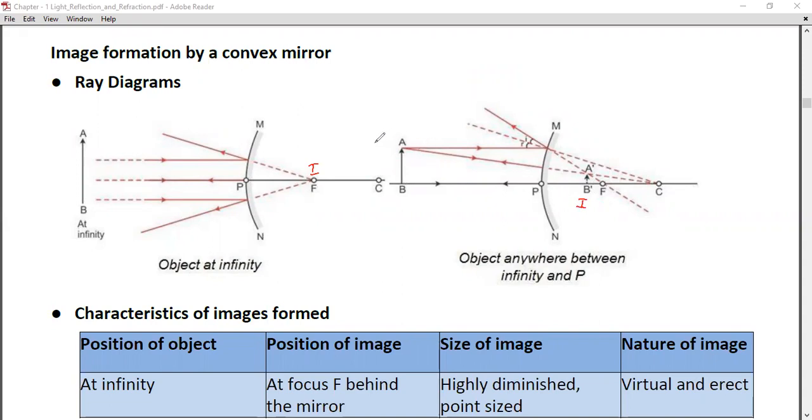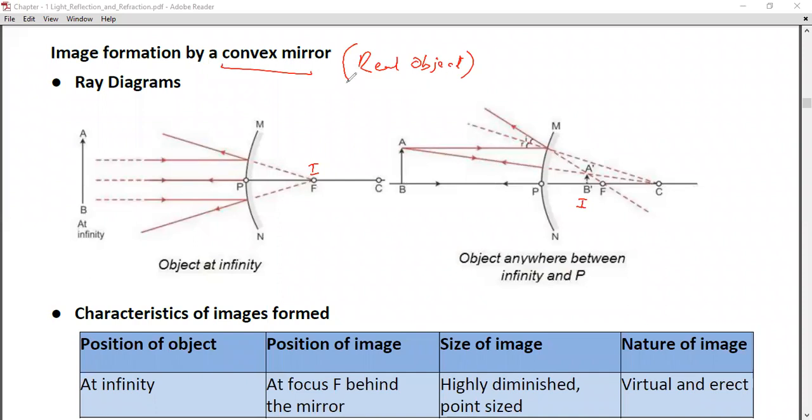Okay, guys, for a real object, you never expect a real image in the case of a convex mirror. For a convex mirror, all the time you will be getting a virtual and erect image as long as the object is real. Okay, students.